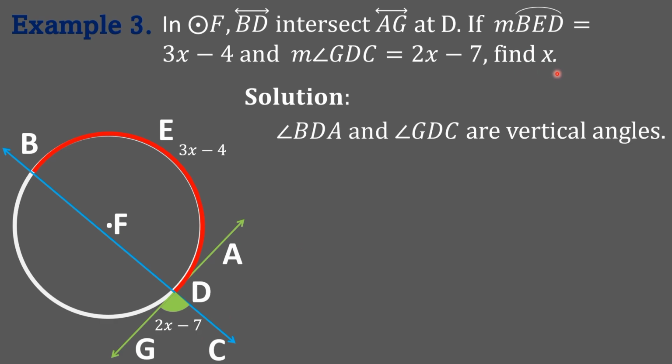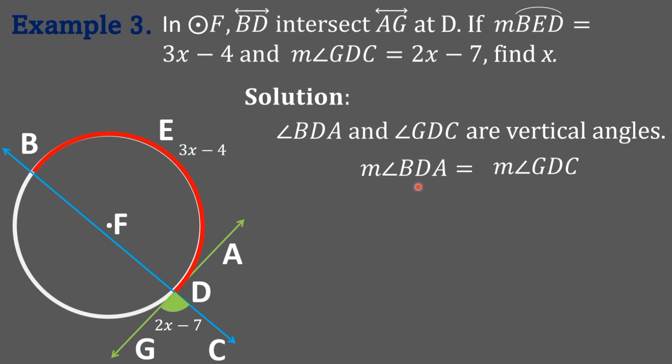Notice that angle BDA and angle GDC are vertical angles. Recall that a pair of vertical angles are congruent. Therefore, their measures are equal. The measure of angle BDA is equal to the measure of angle GDC.